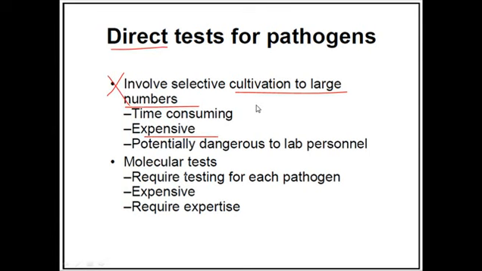Then molecular steps require testing of each pathogen, which is really expensive. You go to PCR technology, gel electrophoresis technology, and all those technologies are a hard time to figure out, and really expensive too. That's why I do not use this, because they also need expertise to handle. So that's why we do not use them.